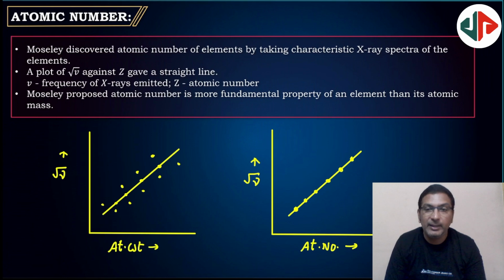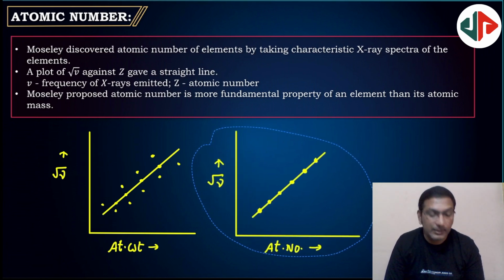Next, root nu versus atomic number, second graph. Here there is regularity in case of atomic number. So, from this he has concluded the periodic property of elements is atomic number but not atomic weight.